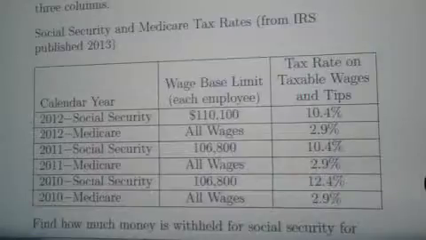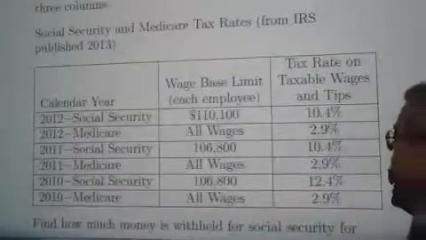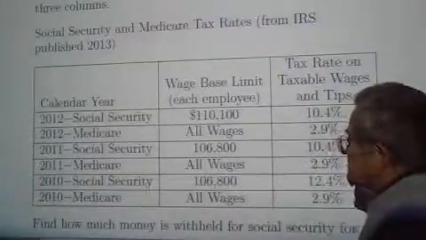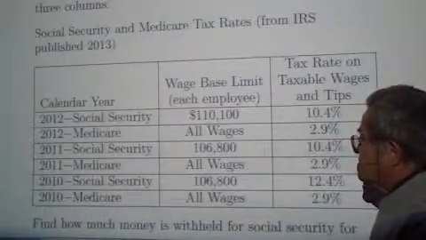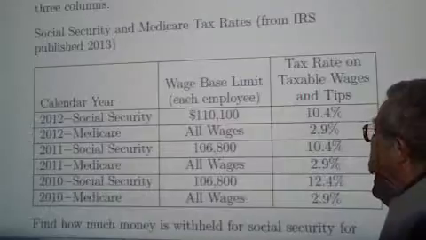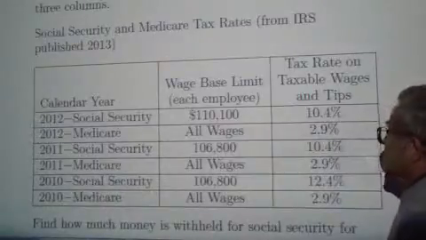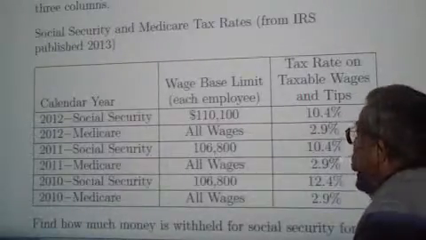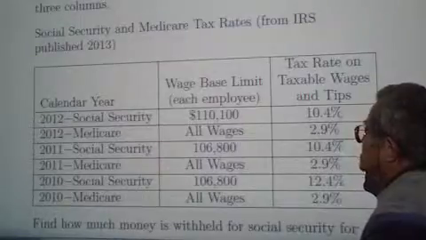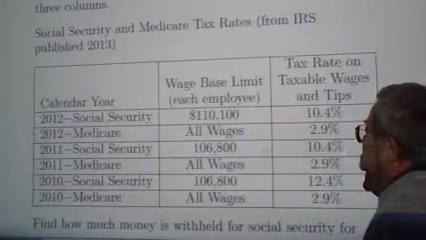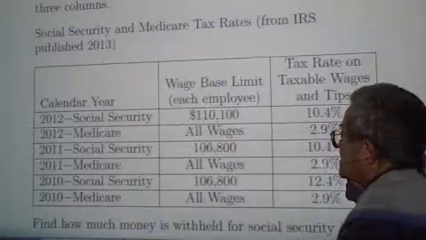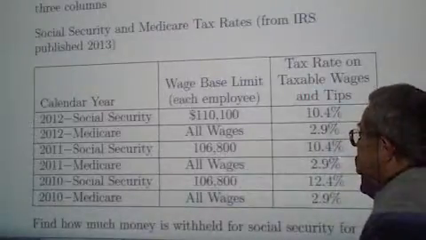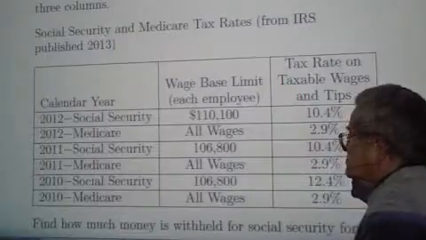So you have the calendar year, 2012 twice, 2011 twice, 2010 twice, Social Security and Medicare in all 3 of those years. Medicare all wages, Social Security limit for 2012, $110,100. In 2011, $106,800.